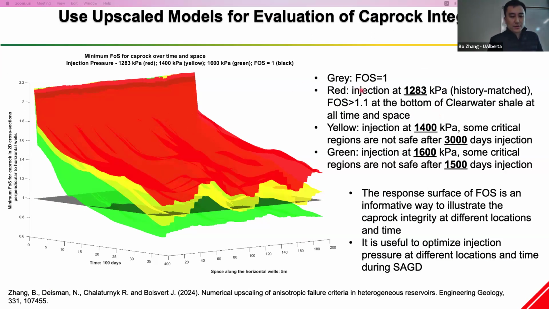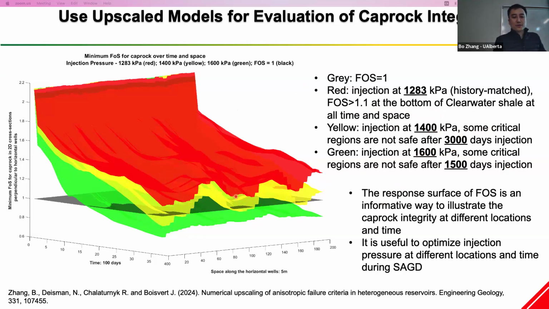We can see the factor of safety is well above 1.1 at the bottom of Clearwater shale at all time and space. But when we increase the injection pressure to 1,400 kPa, we see some critical regions that are not safe, as the yellow plane shows here, after 3,000 days of injection. And when we keep increasing the injection pressure to 1,600 kPa, we see some critical regions that are not safe after 1,500 days of injection.